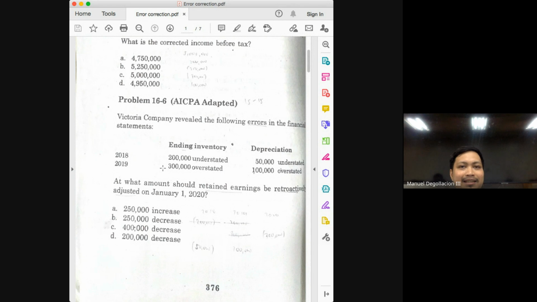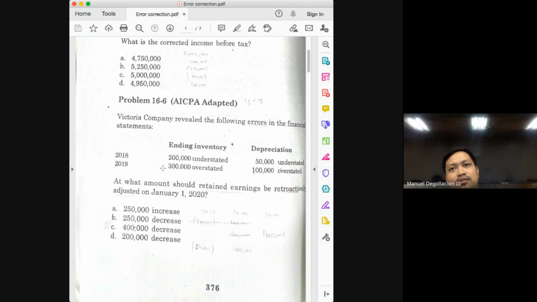Because how do you solve for cost of goods sold? Start with beginning inventory, and then you add your net purchases. For this topic, class, it's not important for you to remember the components of your net purchases. But of course, in your part, it would be integrated.